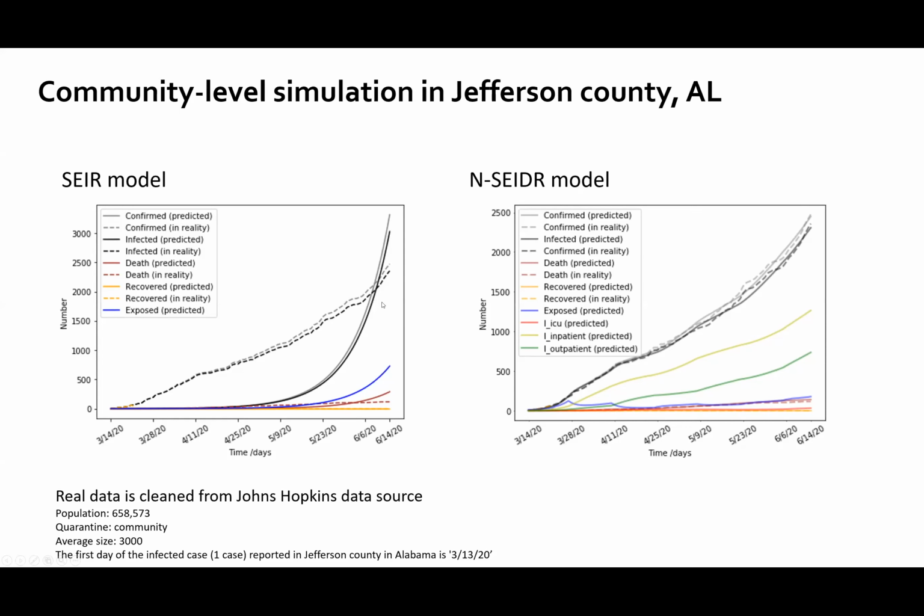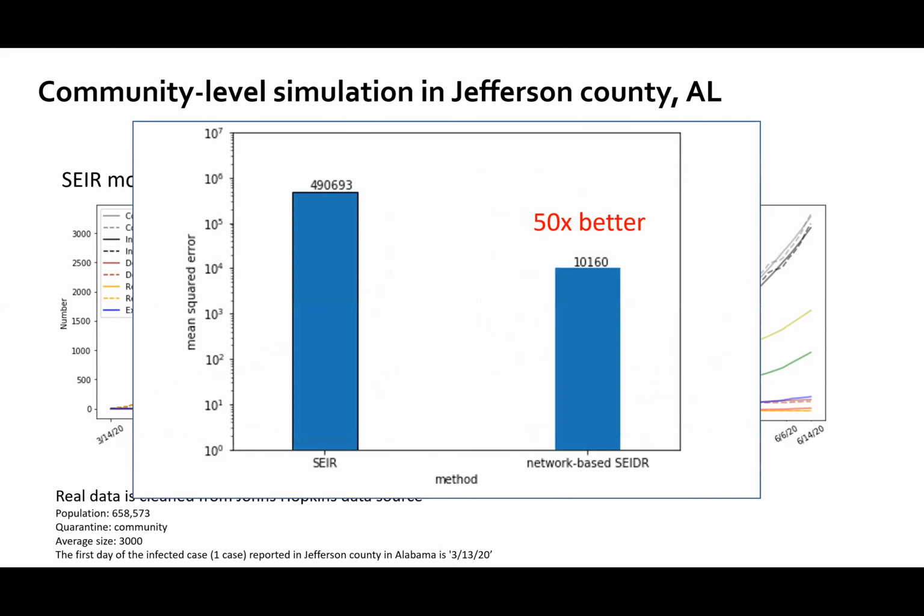There is only a cross point along the way. But in our model, we can see a perfect match between the solid line and dashed line, which in the end, we have tremendously reduced the mean square error and have 50 times better performance compared to the baseline model.